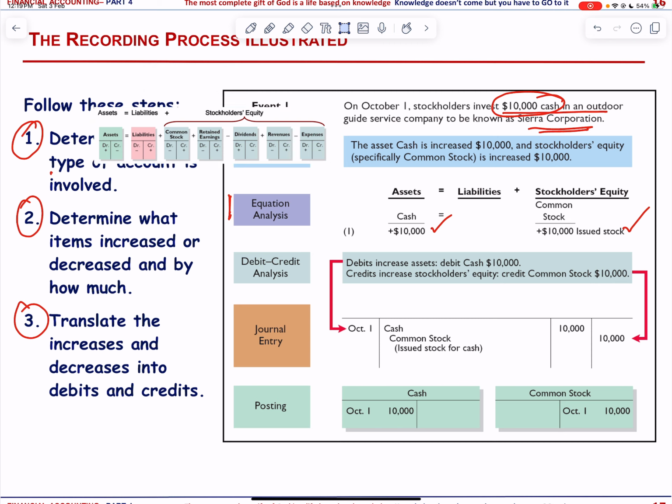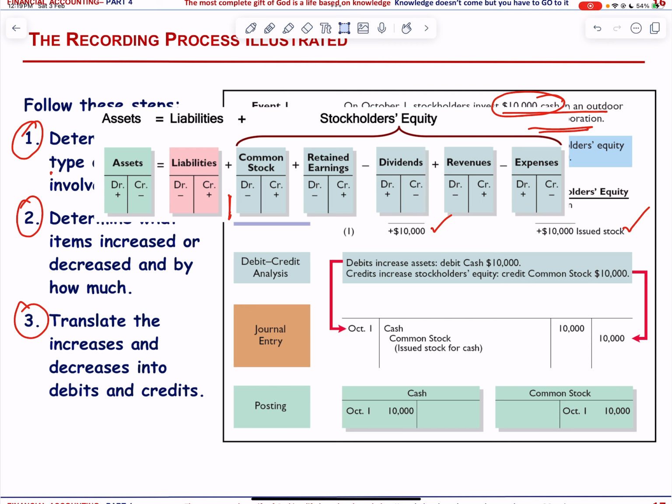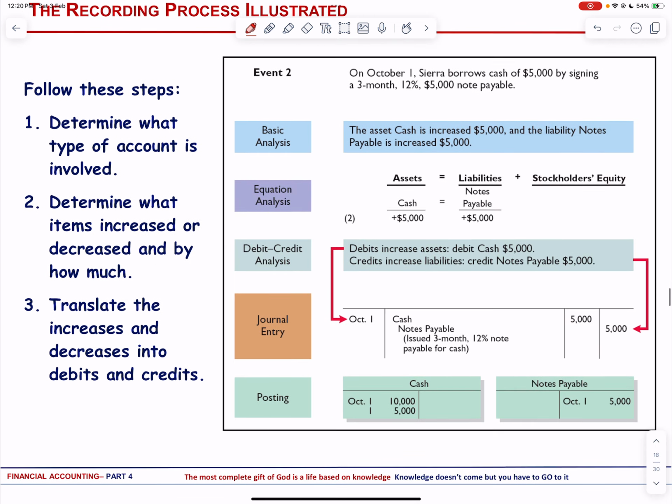So there is a debit for the increase in asset, so cash is debit, and credit for the increase in common stock, and that's why it is credit. We will talk about posting in the next video, so I will intentionally ignore this part at this time. We go to the next transaction.